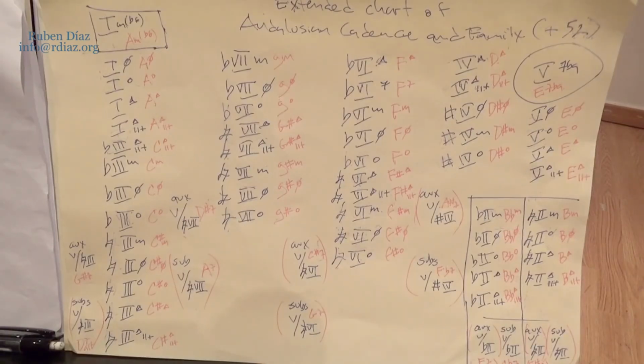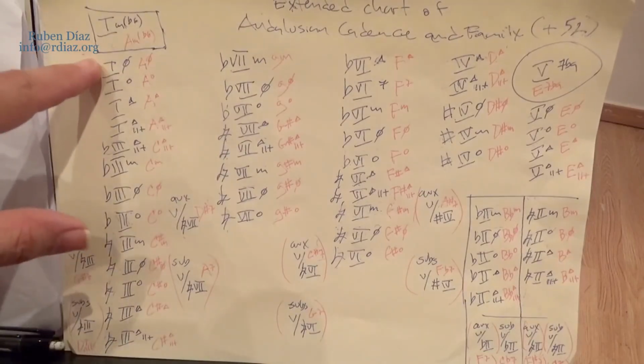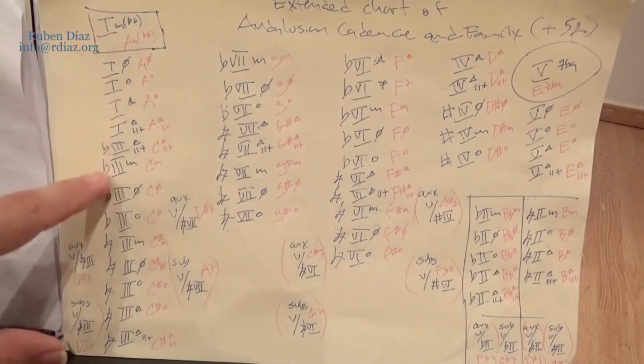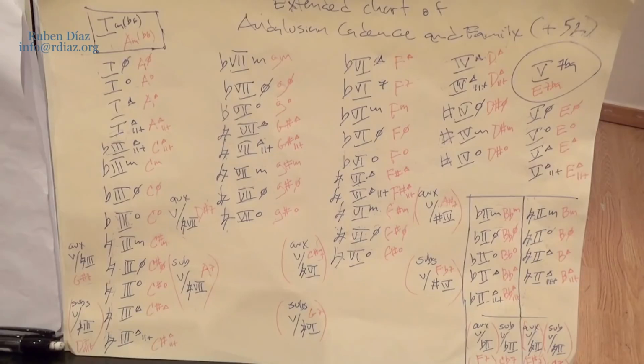So this is one option. Then we have, of course, this we can see clearly. Many of these chords are there in the chord progression of Canción de Amor with Paco de Lucia. This is one of the chords which are there.